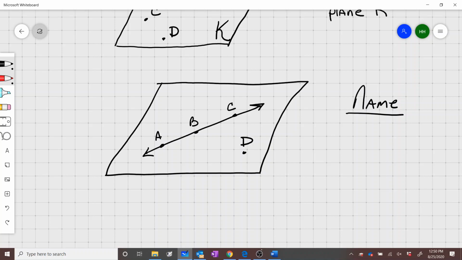What you cannot name this is plane ABC. Alright? Because those 3 points are on a line. So you could call this ABD, BCD, DBA. You could use those 3 points to name it, but you can't use the 3 points ABC.